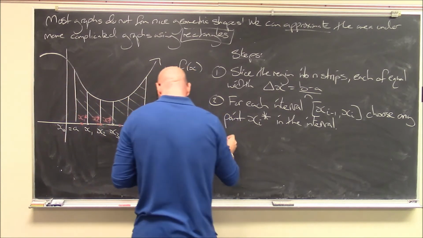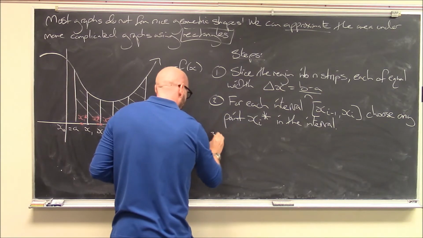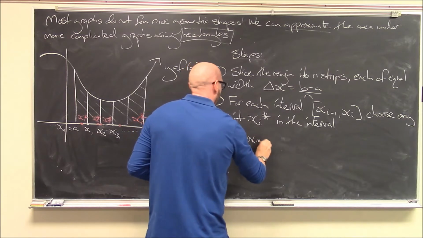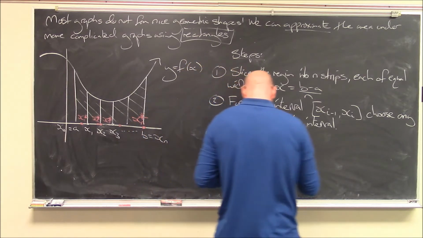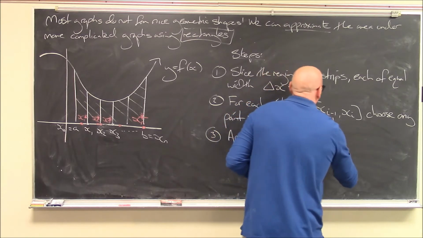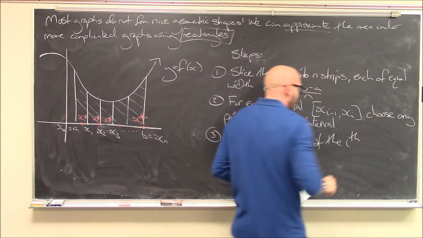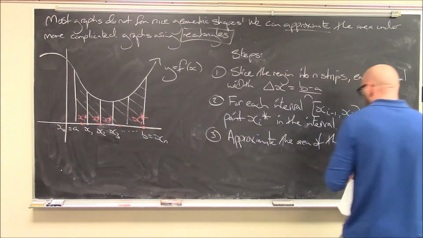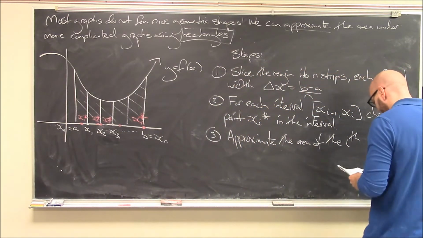So here's step 3. Approximate the area of the, and again, I have to be very general here, so we'll say the ith strip, but you choose what i is, 1, 2, 3, 4, 5, whatever.